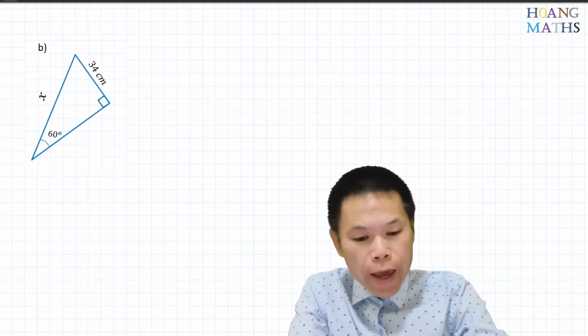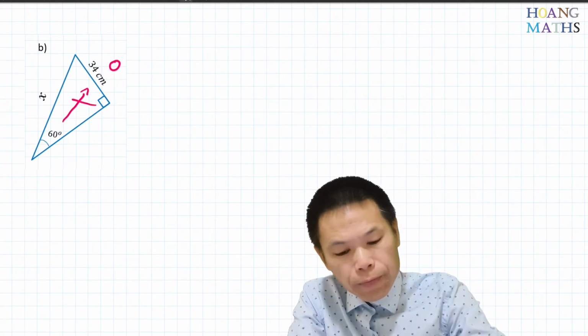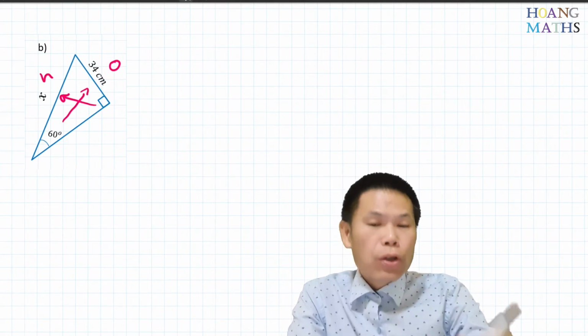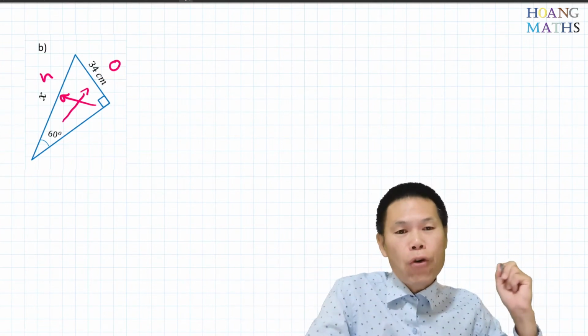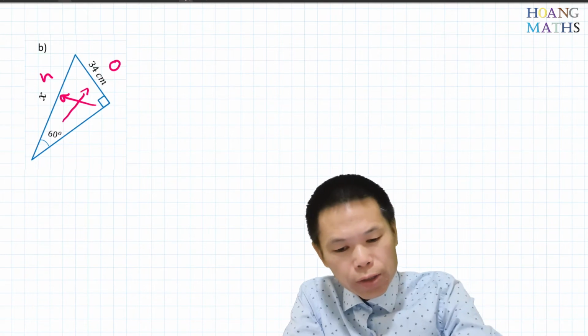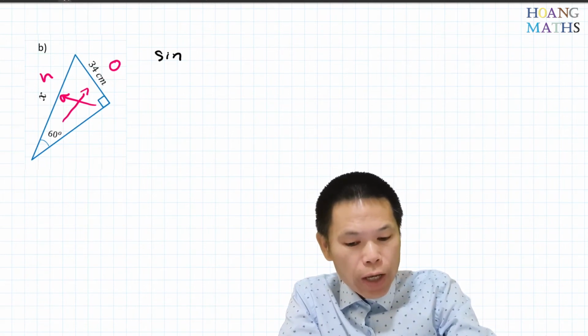So now we have opposite, and we have hypotenuse here. So SOH CAH TOA, we have O and H, so therefore it must be SOH. So we write S for sine. Sine of what?